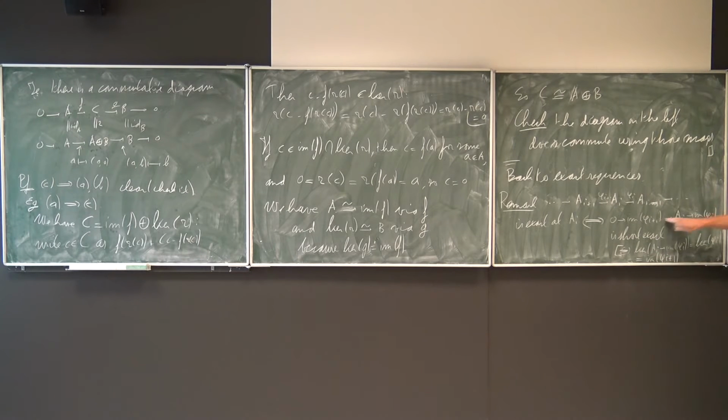Right? So if I say this is exact, I really mean this equals that, but if you observe that this equals that always, then it's clear that exactness at A_i is the same as saying that this thing is exact here.